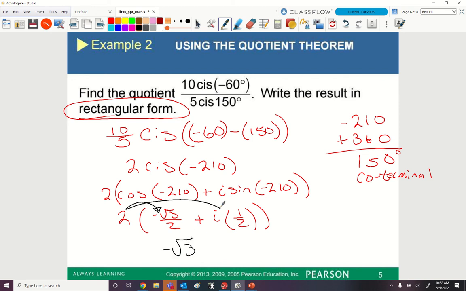Have this 2 multiplying over here, multiplying by 2, divided by 2, those will cancel. So I'll still have the 1 and the I, so 1 times I is just I. So it's plus I. And so this is my rectangular form.